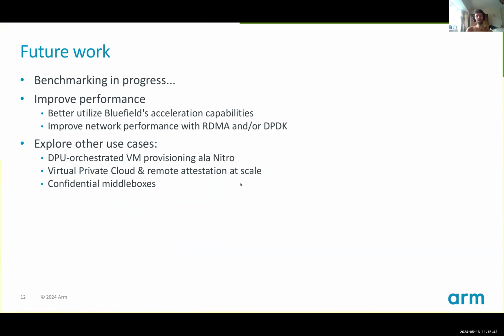We'd love to see how attestation behaves at scale, when there's a lot of nodes attesting each other in the data center, for example. And another use case would be confidential middleboxes, pretty much the use case we talked about earlier.